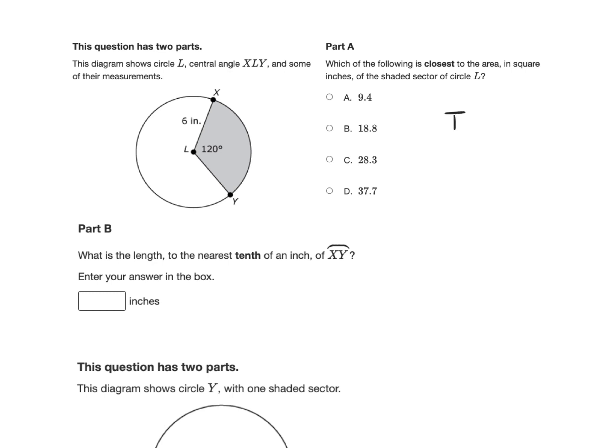So what we're going to do is calculate the total area, and then multiply the total area times the portion it asks for. Now the portion is based on the angle. The central angle is the same measurement as the measurement of the arc. So the portion I'm looking for is the 120 degrees out of 360.